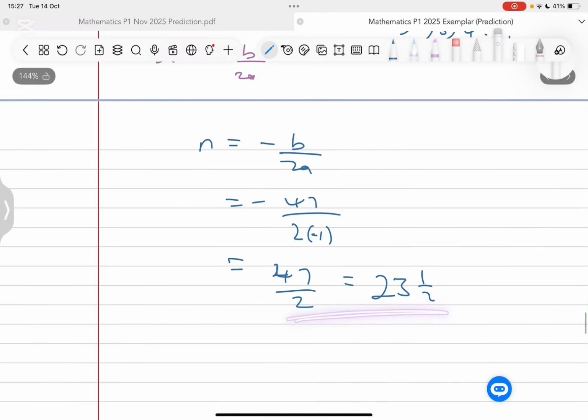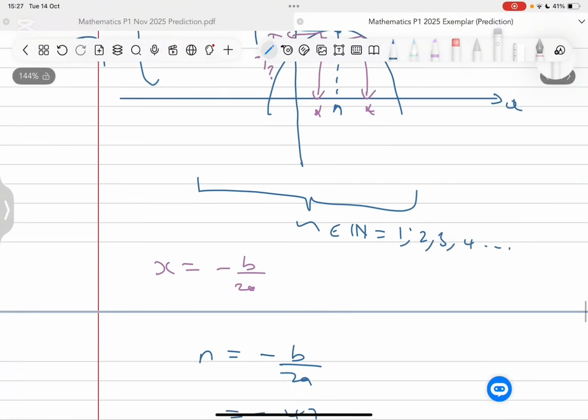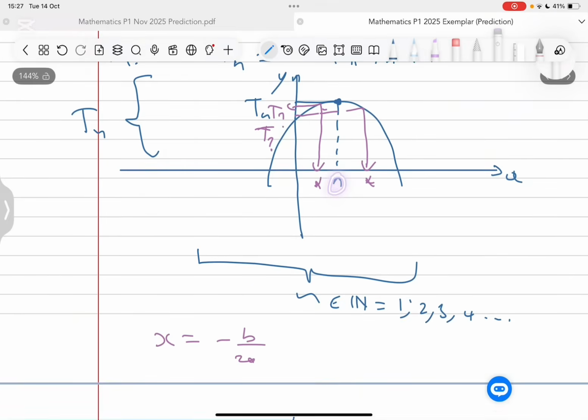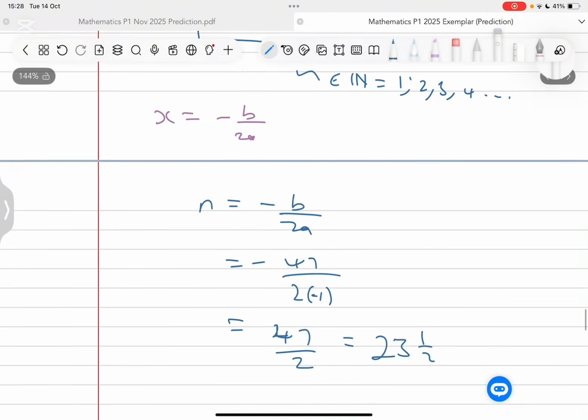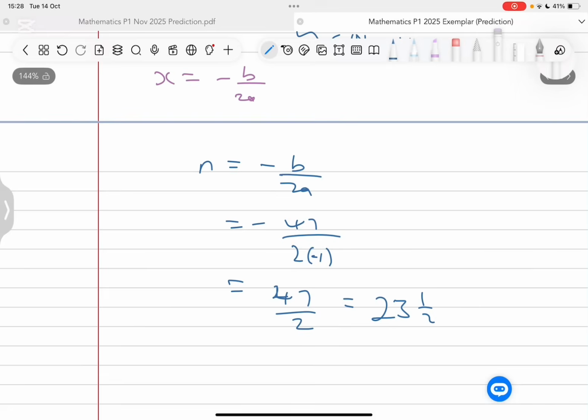Now this is where we're going to have the maximum term, but you can also see that this number is not a whole number, and we want the terms that put this number in between. This is probably why they didn't ask you to find the maximum term, because the maximum term here occurs when n is not an integer.